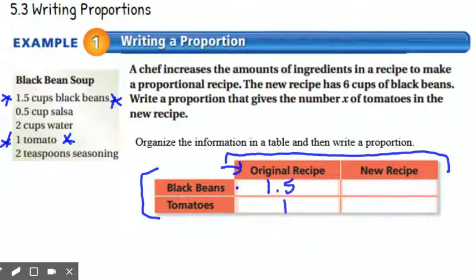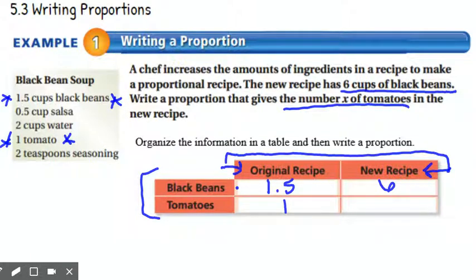Now, for the new recipe, we have to reread the problem to figure out where those numbers are coming from. So under new recipe, the first box is for black beans. And if you look, the new recipe has 6 cups of black beans. So I'm going to put 6 right there. Then tomatoes, that's what we don't know.